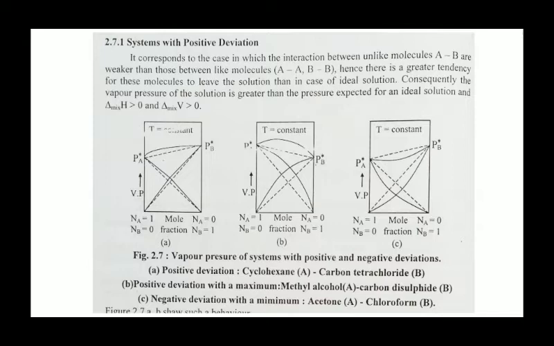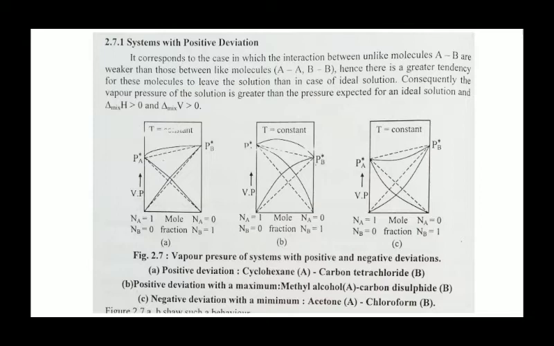In type third, as shown in figure C, the total vapor pressure as well as the partial pressure exhibit negative deviation from Raoult's law. The total vapor pressure passes through a minimum with change in composition. The minimum vapor pressure is lower than the vapor pressure of either pure component.